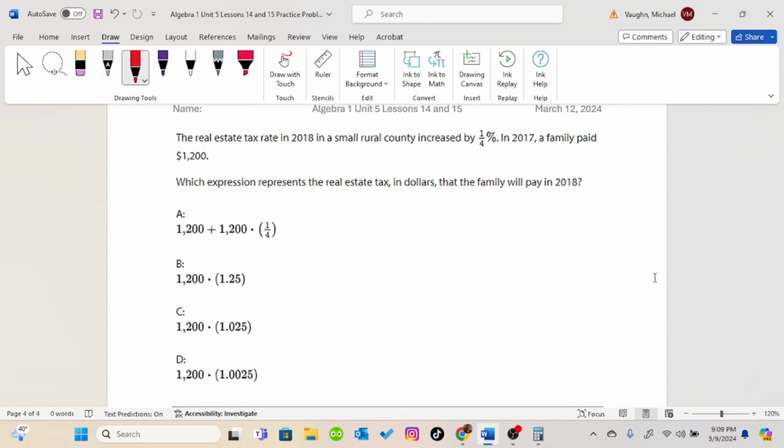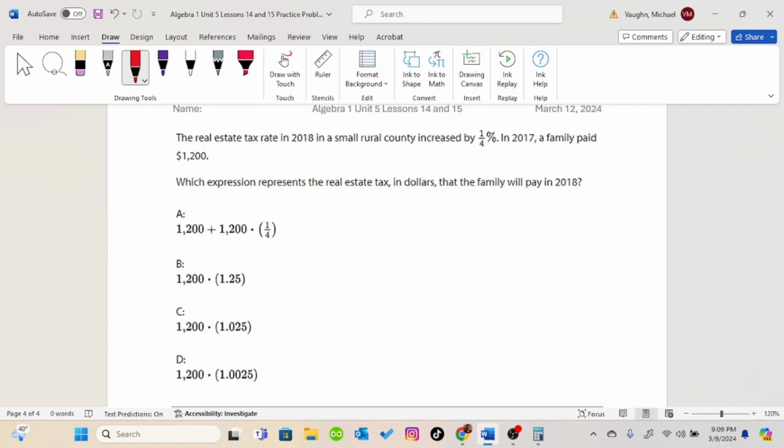The real estate tax rate in 2018 in a small rural county increased by 1/4%. In 2017, a family paid $1,200. Which expression represents the real estate tax in dollars that the family will pay in 2018?